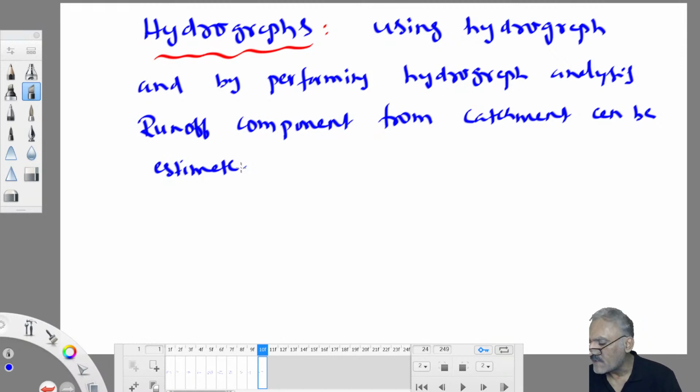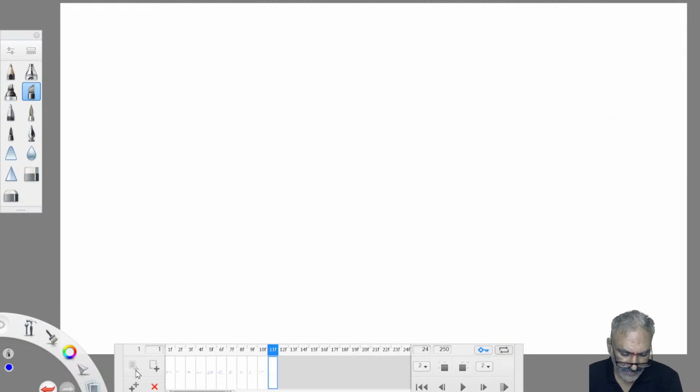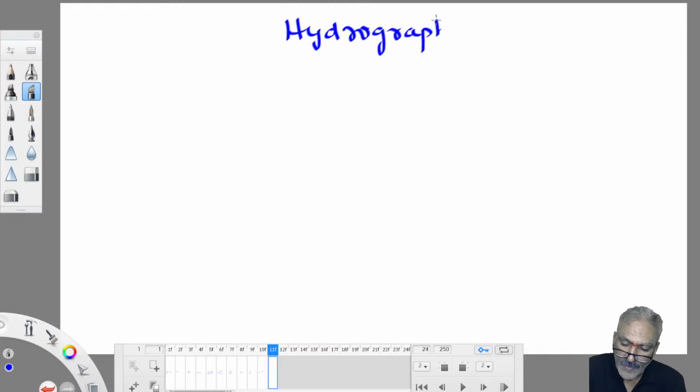Actually, hydrographs are linked to runoff. Come on, what is a hydrograph? All civil engineers, hydrographs are very popular for them. Okay, hydro means what? Water. Graph means what? Plot.